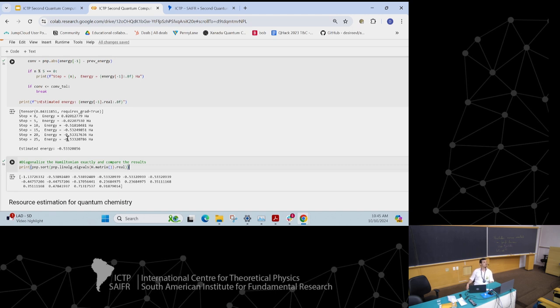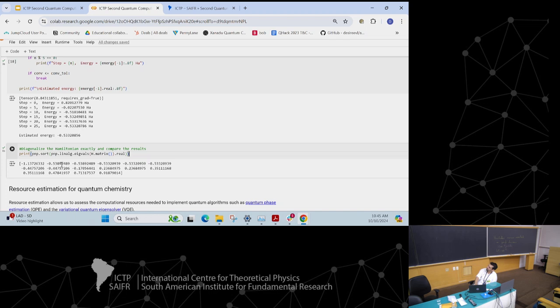Yeah, if you look at the exact eigenvalues, there are degenerate values that are actually smaller than what we predicted. So what do you think is happening? I'll give you a hint. Our estimated energy here is the correct one. We got the excited state of H2 correctly, the first excited state of H2.